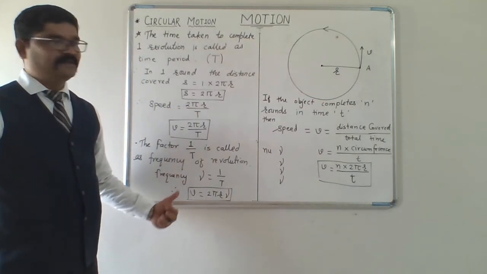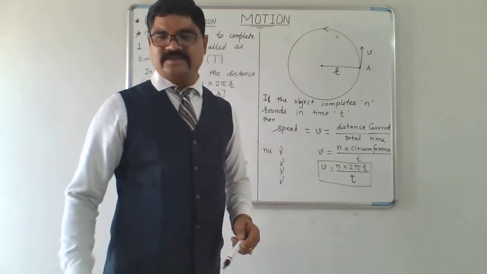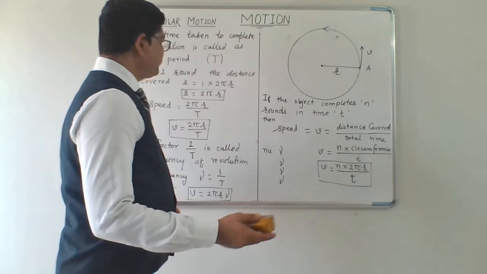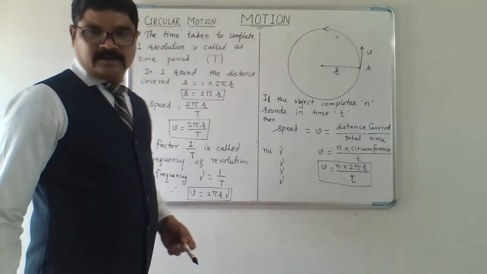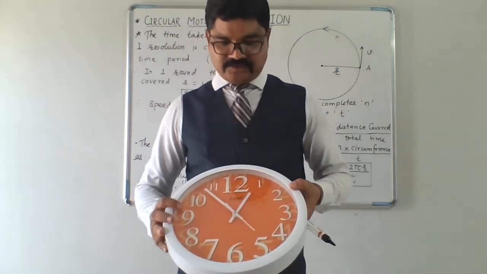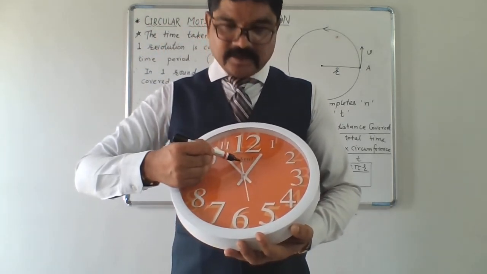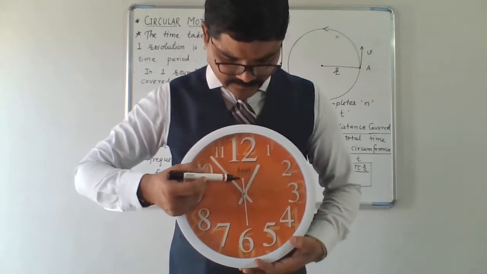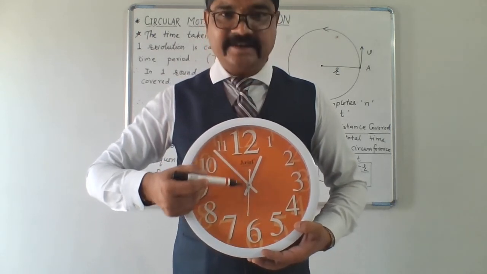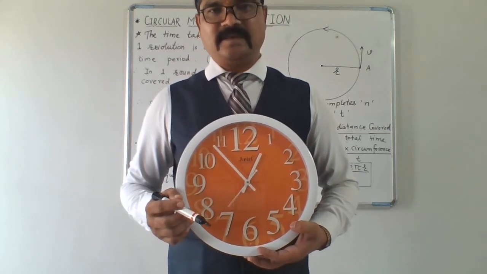Let us solve some questions based on the same. Let me give you a very interesting question. Like the clock that we had shown to you, this second hand is having a length of 10 centimeter.